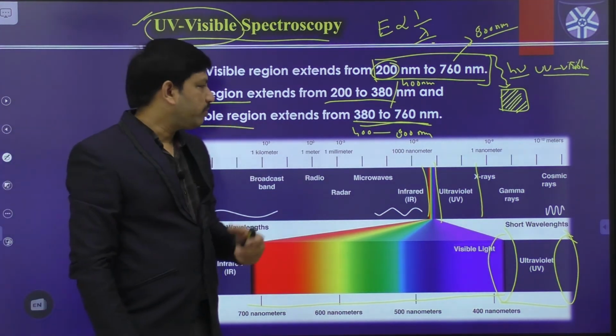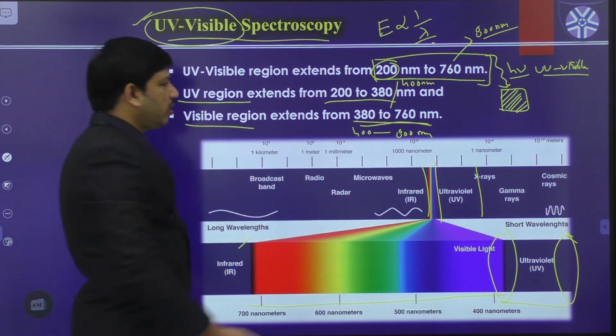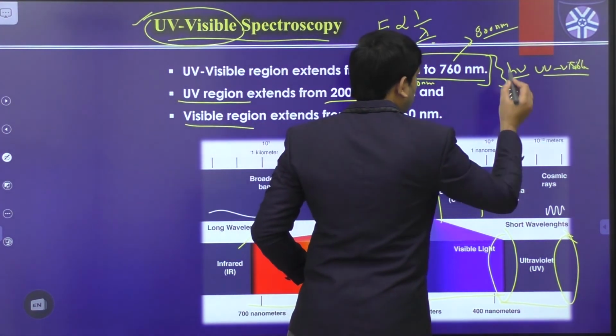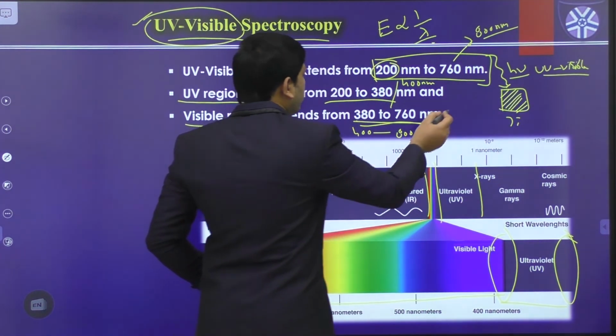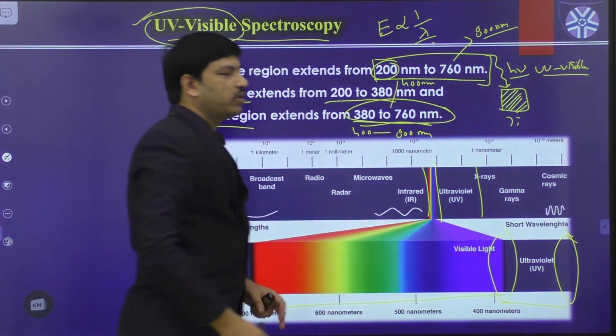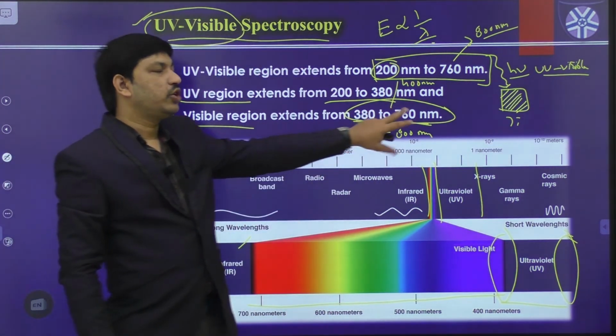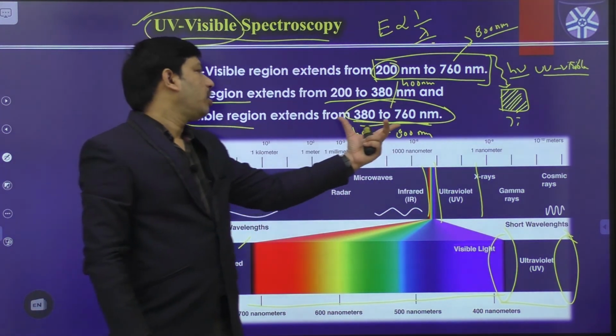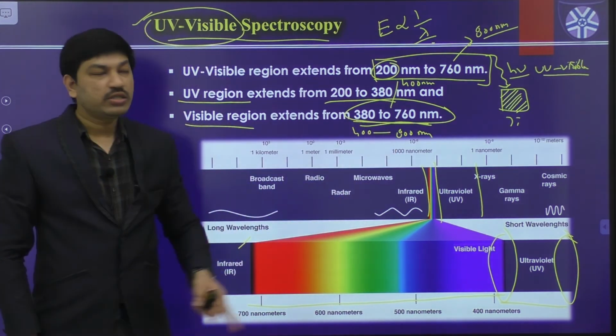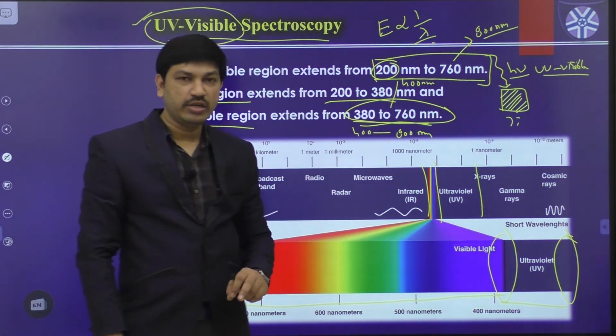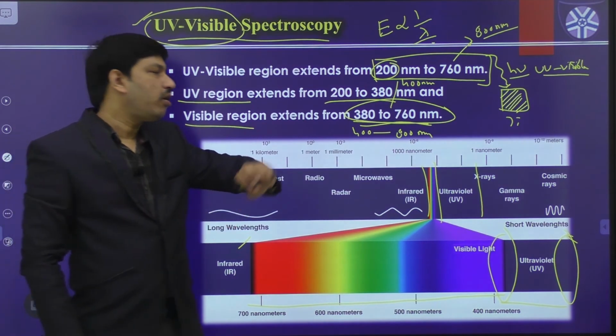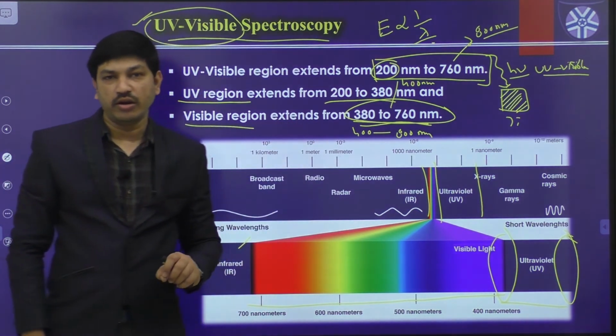visible region. So if any unknown compound absorbs radiation from the visible range, 380 to 760 nanometers or 400 to 800 nanometers, then that compound always shows some particular color.